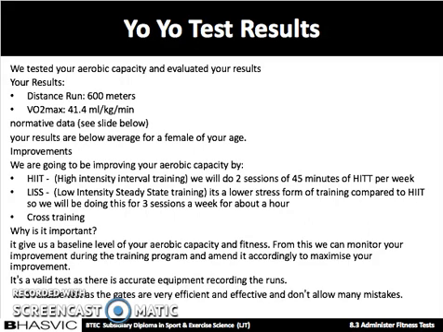Due to it being less intense, we will be looking to do this more often, 3 sessions a week for about an hour.